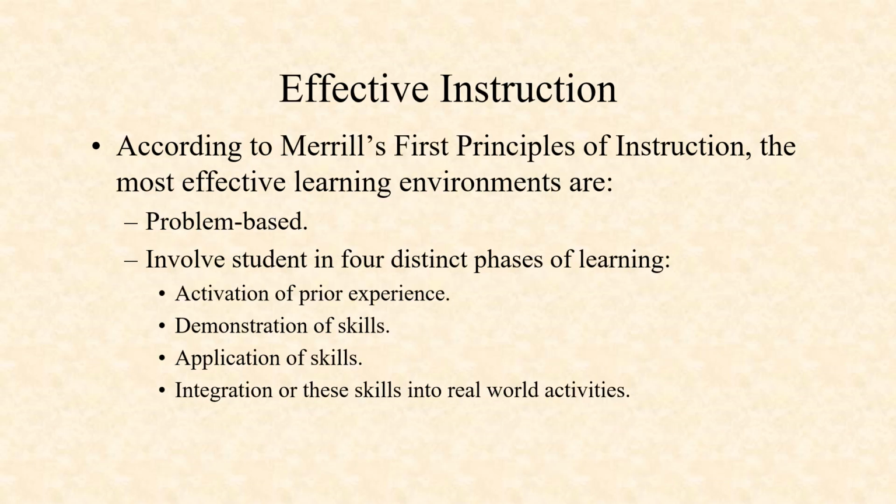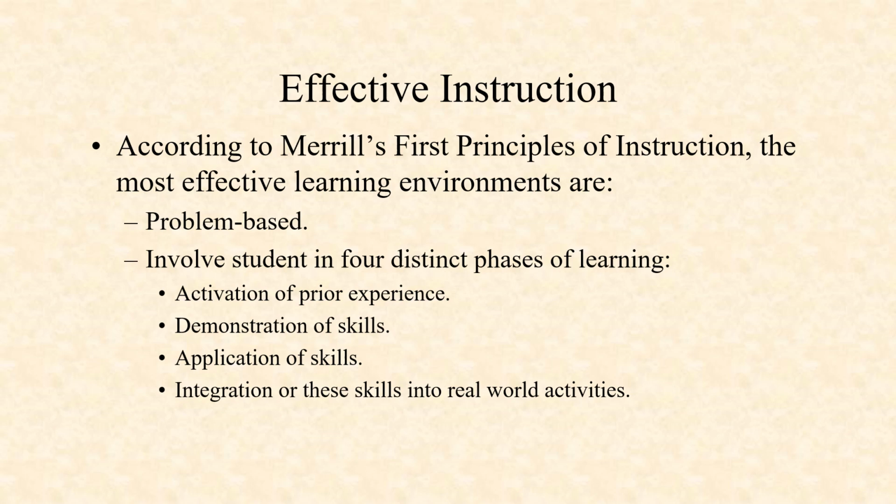Let's compare to what Merrill says in his first Principles of Instruction. Merrill states that the most effective learning environments are based in problems. They're problem-based. In other words, the learner has to do something and solve some kind of a problem in order to apply learning and, again, to make that learning very effective.